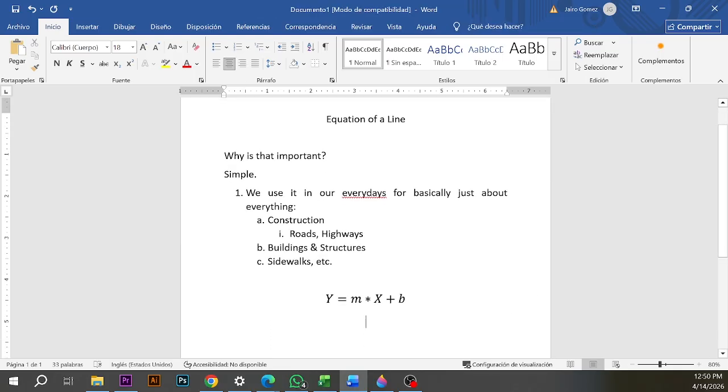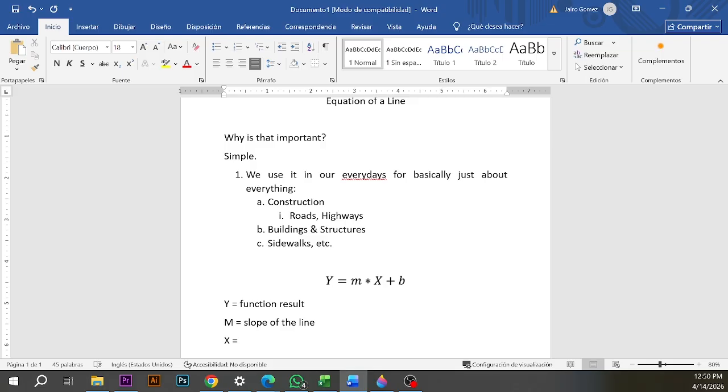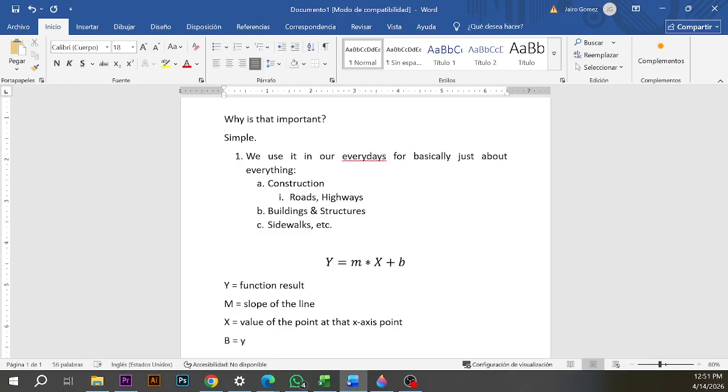So what is this? y is the function result, m is the slope of the line, x is the value of the point at that x-axis point, and b is the y-intercept, or if x equals 0, the point on y where the line will intercept the y-axis. This will become a whole lot more apparent in a little bit.